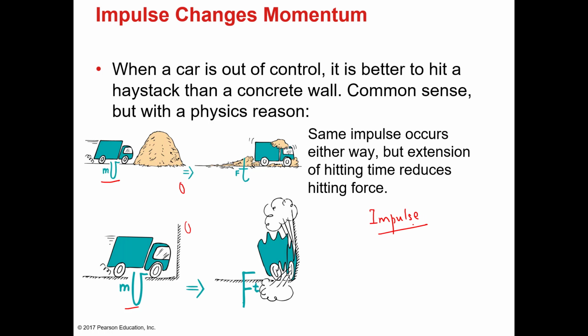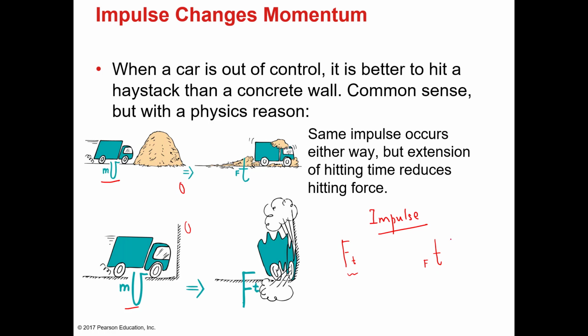And there are two ways to supply the impulse. Same impulse, but you can apply a bigger force for a shorter time, or a smaller force for a longer time. Okay, both give the same impulse.